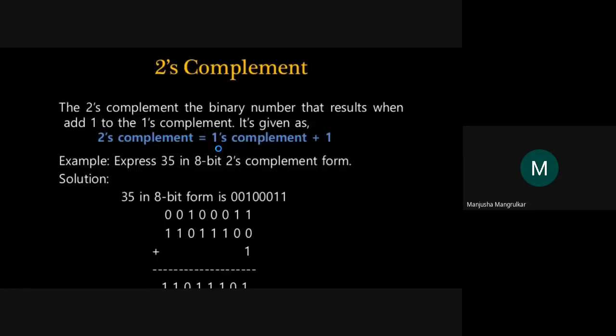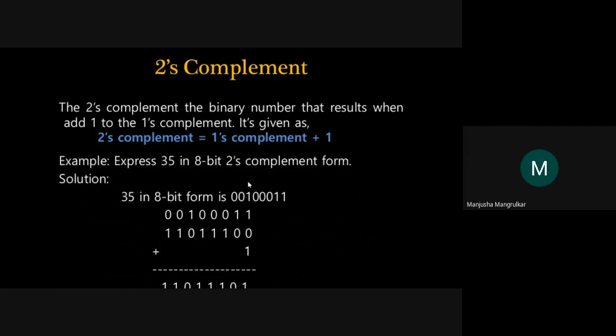Now where we are using it, we'll see one example. 35 is a decimal number, right? This is our decimal number. First we need to convert it into a binary number, right? 35 means this is 1, this is 2, and this is 32. 2 to the power 0, 2 to the power 1, 2 to the power 2, 2 to the power 3, 2 to the power 4, and 2 to the power 5.